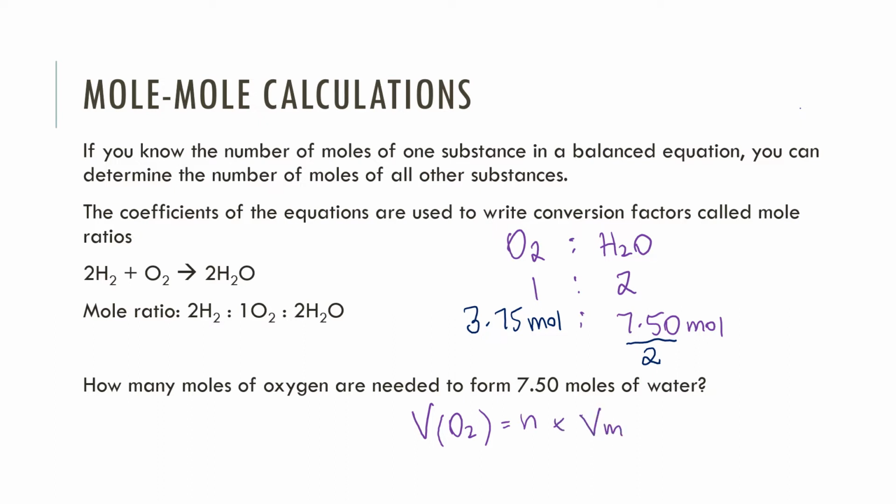We'll just assume we're at standard laboratory conditions. So the number of moles is 3.75, and our molar volume is 24.5. That means we need 91.9 litres of oxygen to produce 7.5 moles of water.